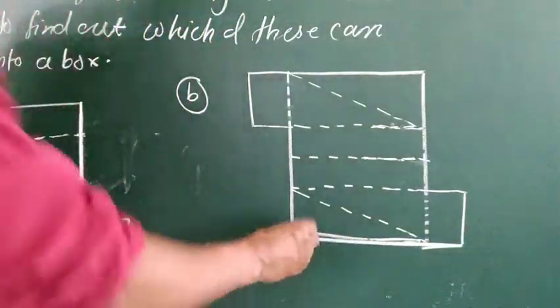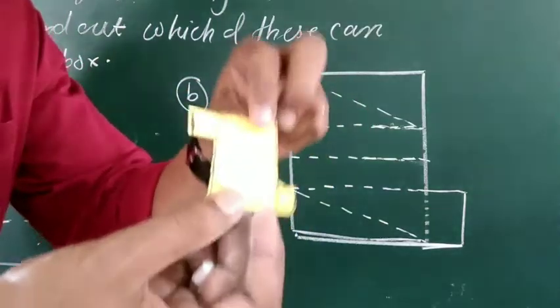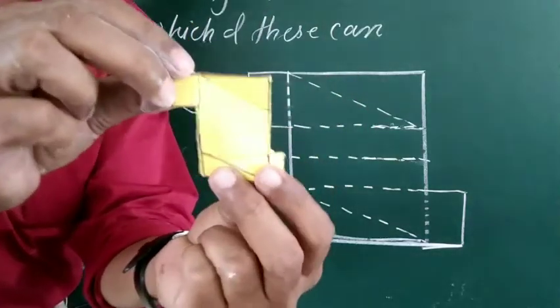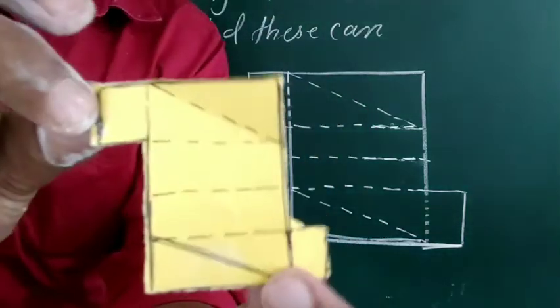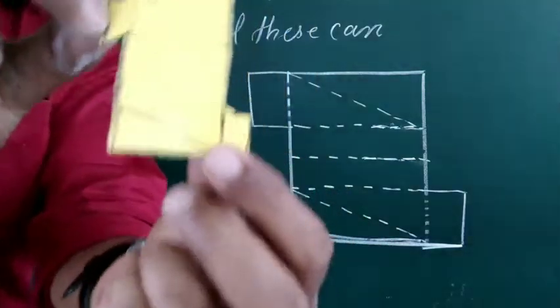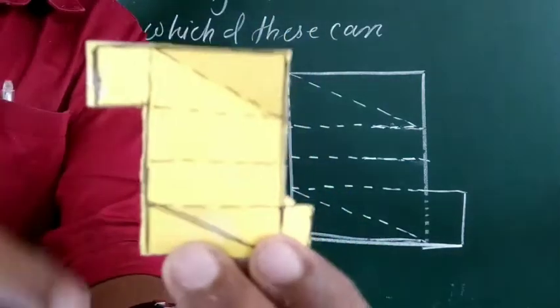This is shape B and it is the model of this shape, the sample for this shape, now the cutting of this shape B. See, it is matching with your shape number B, no? It is same as shape number B.